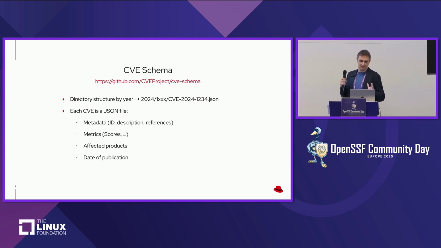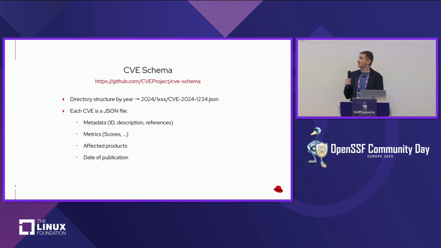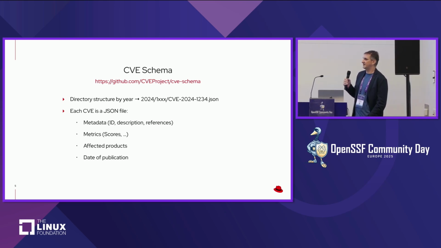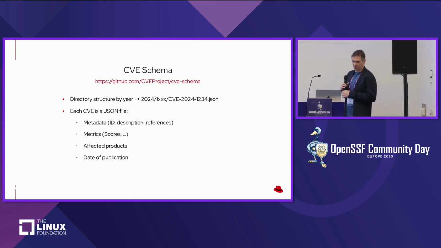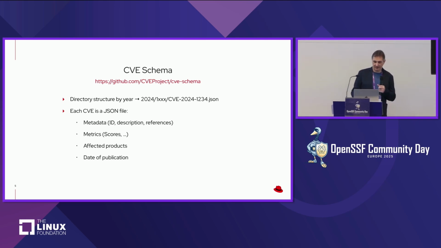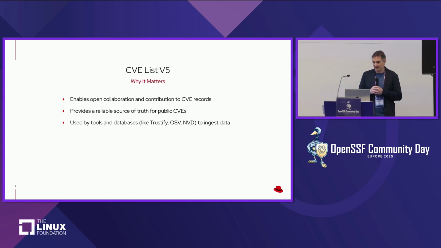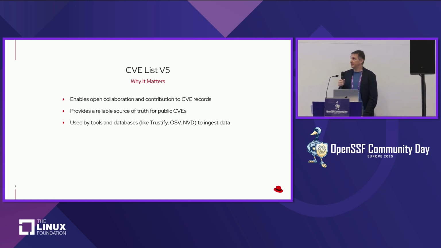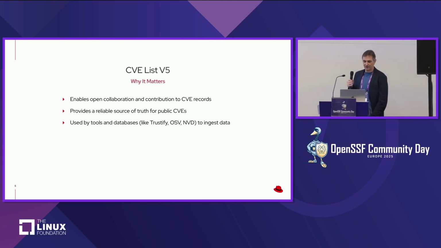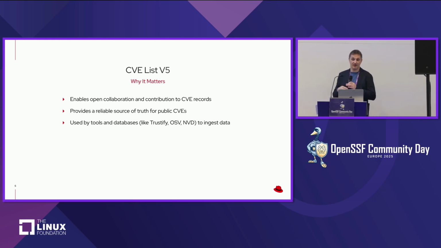The files are basic JSON files, and there's a JSON schema defined, which allows us to release data like the basic metadata, metrics, scores that we'll talk about, and things like that. So as I said, having this kind of thing in a GitHub repository is super useful for other tools, because they can easily then ingest their data into their databases and use it. And it's also transparent.